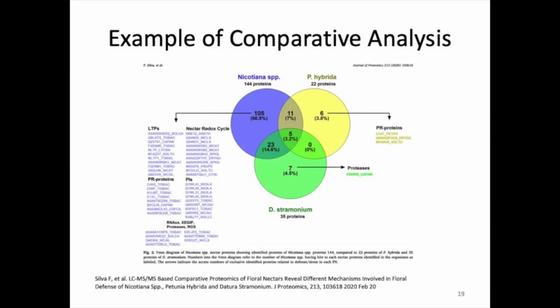This is a Venn diagram comparing 3 different species. The experiments were conducted using nectar samples from multiple flowers from 3 different plants, so they have 3 independent biological replicates. From the analysis, they got what proteins were detected in multiple species and what proteins were only detected in 1 or 2 species.